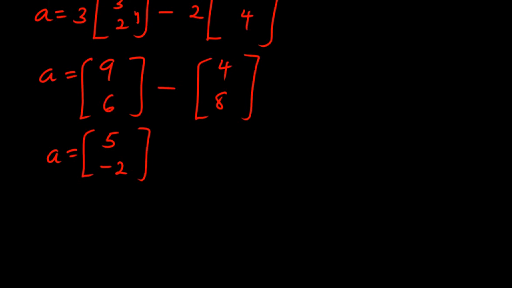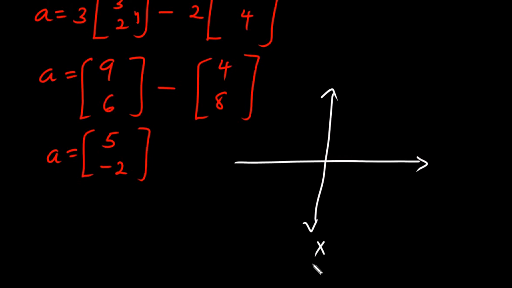So how do we find the magnitude of this vector? Assume we have a Cartesian plane. Let me try to map this vector on a small Cartesian plane, just a sketch. So this is our x-axis, and this is our y-axis.